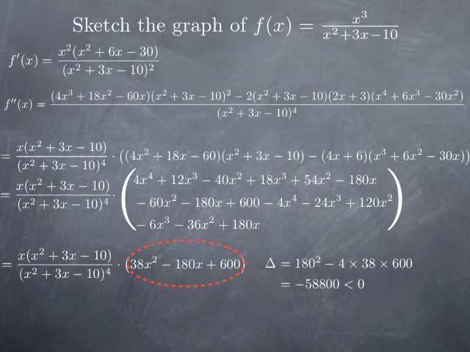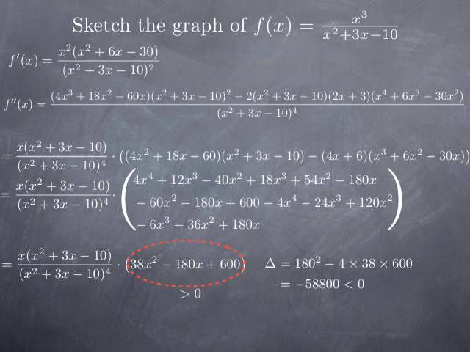So because it's negative, it means I cannot put this value in the square root. In other words, there is no real zeros for this function. So this function doesn't take the value 0, and it is 600 at x equals 0. That tells me that this function is always positive. So it doesn't influence the sign of the second derivative.